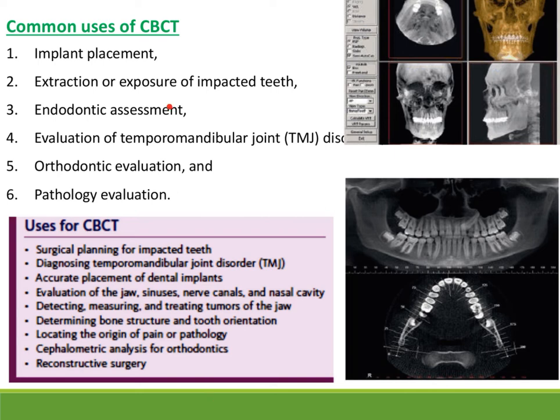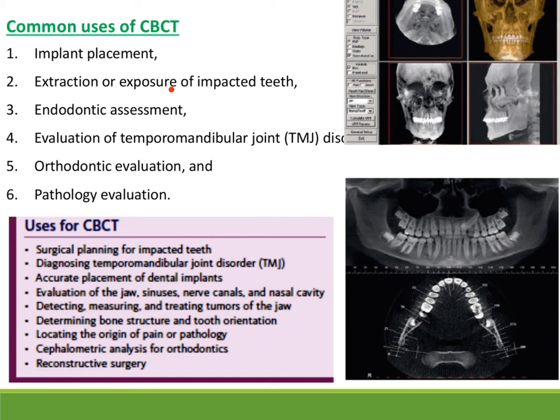Okay, so common uses of CBCT images. It's used for implant placement. So, implant placement also we will do analysis for nerve, whether the nerve is close to the alveolar bone in which we have to place the implant. Is there, for example, a wisdom tooth, impacted tooth planning?